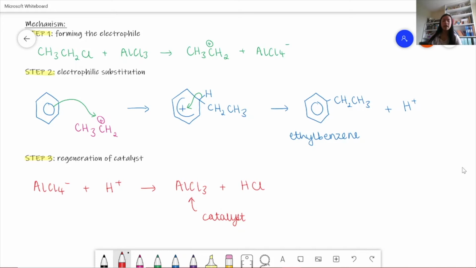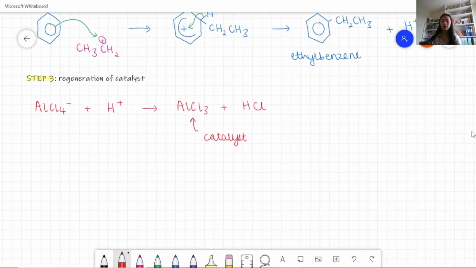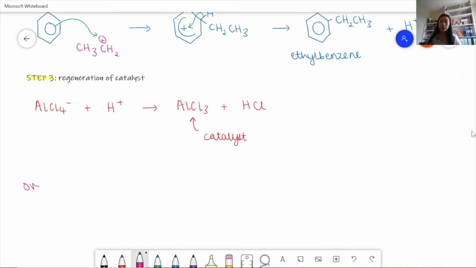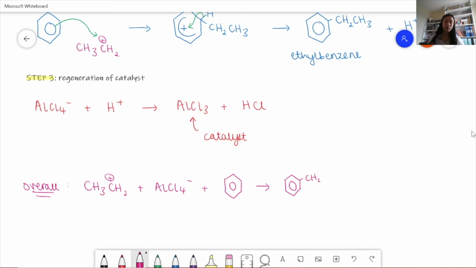So overall, the equation that we have is CH3CH2+ added with AlCl4- and also a benzene, and this forms our ethyl benzene, and also our catalyst and HCl.